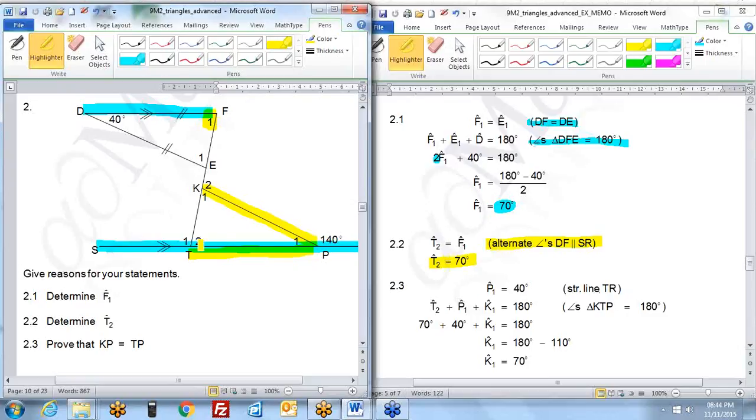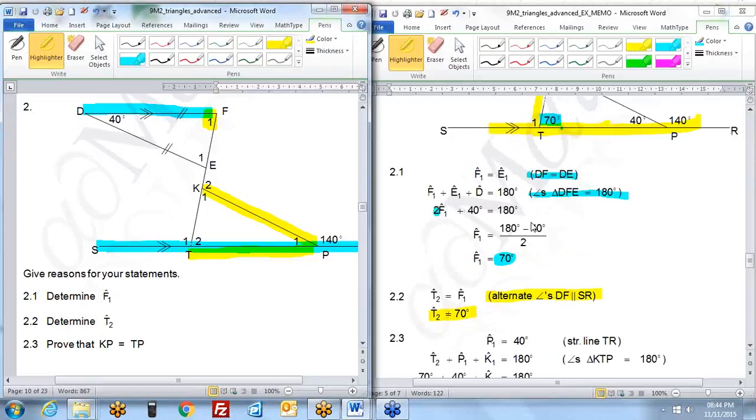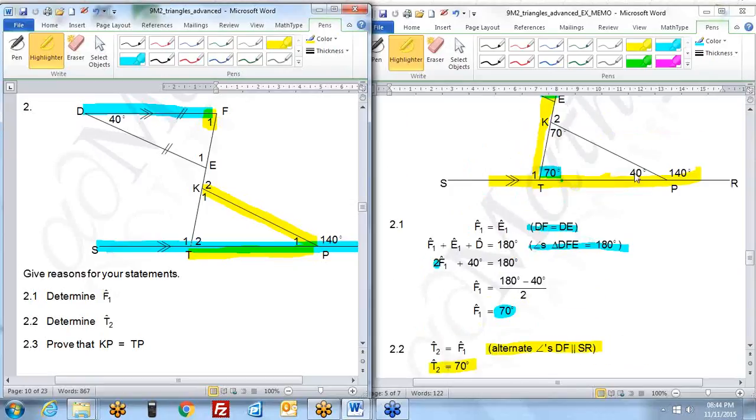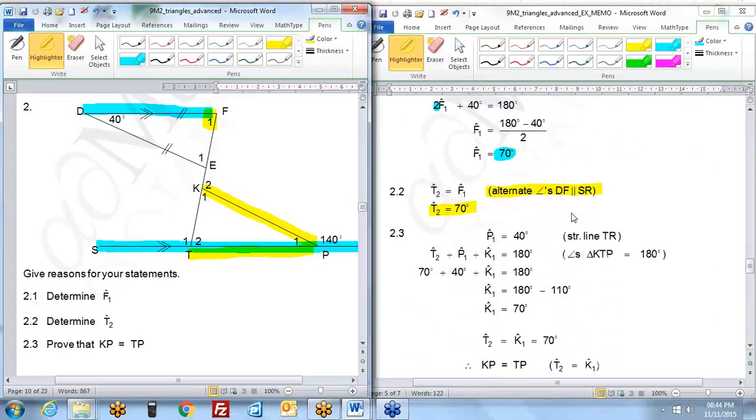Straight line, and mention the name of that straight line. So now you have this angle. So now you say angle T2. Write down your 40 degrees there. You have your 70 degrees here already. So now we're just going to add the three inner angles and equal it to 180, as seen over here, because the angles of a triangle, and mention the name of that triangle, add up to 180 degrees.